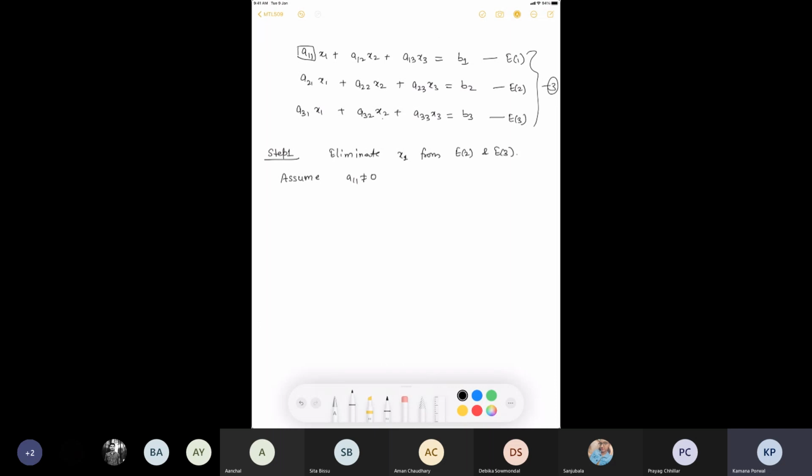We'll try to remove this assumption later, and see how to modify this method to get rid of it. Then I'm defining these multipliers: m21 is the ratio of a21 with a11, and m31 is the ratio of a31 with a11.